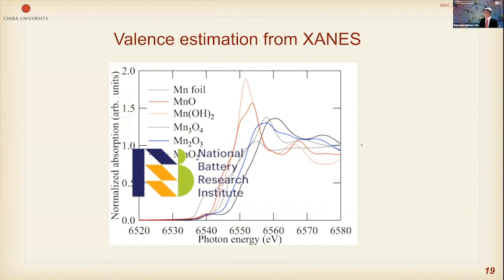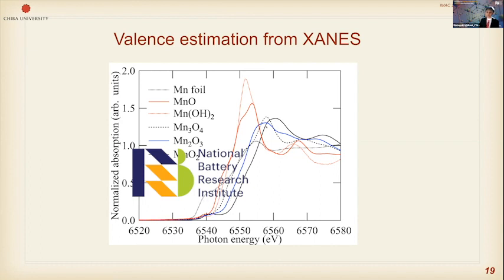Okay, and the second important point of the XANES analysis is that valence estimation can be done from XANES. This case is shown for manganese. Here are manganese foil, 2-valent manganese oxide, manganese hydroxide, Mn3O4, Mn2O3, and then MnO2.